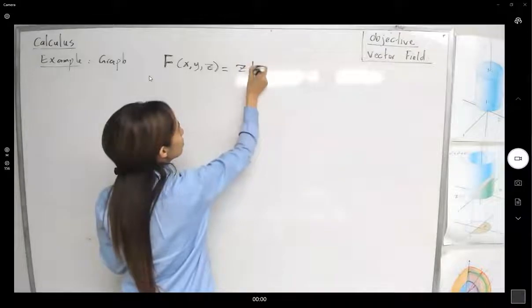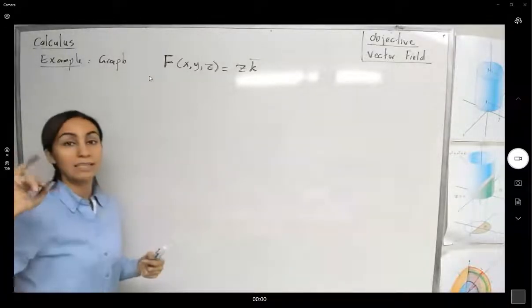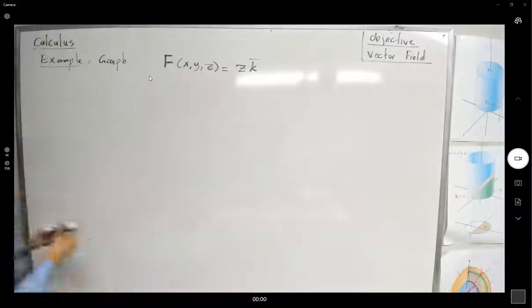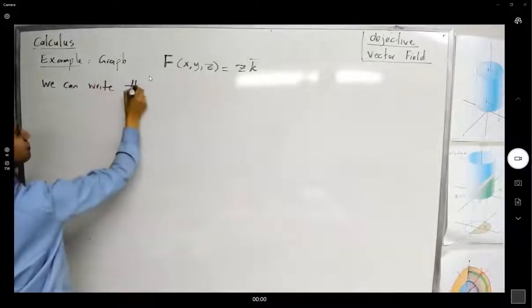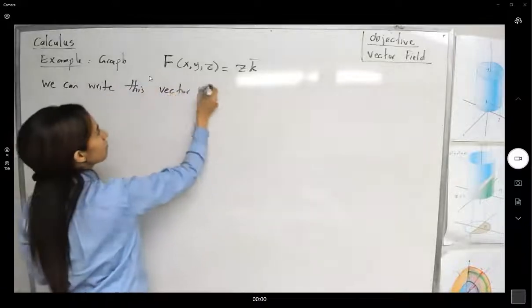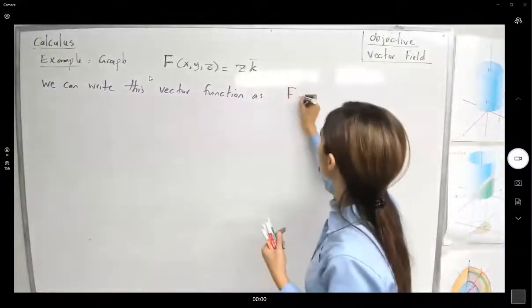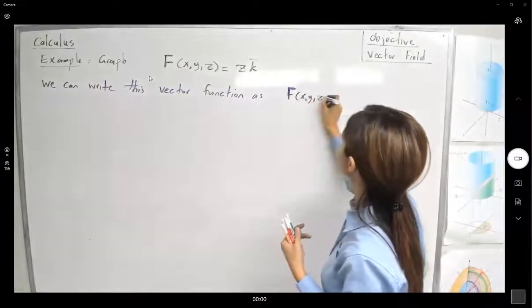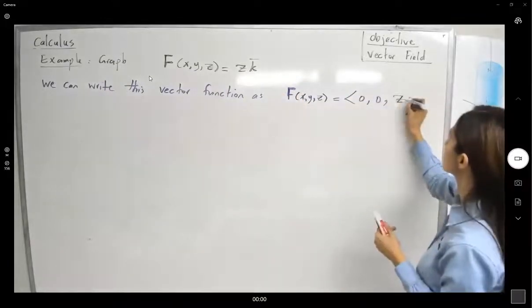Z times k, okay. What's the meaning of that? It means that the first component and the second component of this vector, both of them are equal to 0. You can write this vector function as F of x, y, and z equals 0, 0, and z.